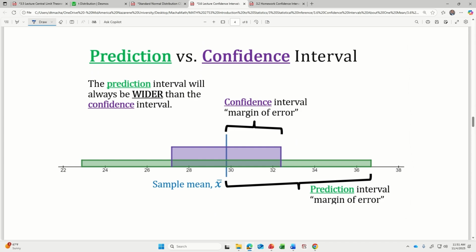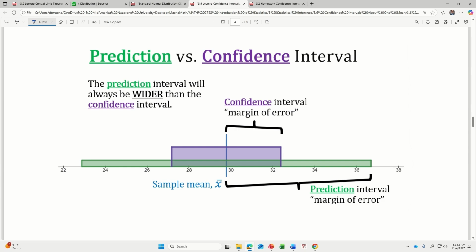When I make a confidence interval that has the standard error of the mean and a prediction interval that has the sample standard deviation, we're going to find that the prediction interval is always going to be a lot wider than the confidence interval. The prediction interval is saying, I'm 95% certain that the next outcome of my random process is going to be inside this interval.